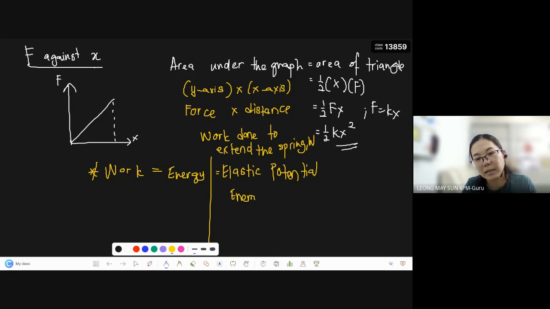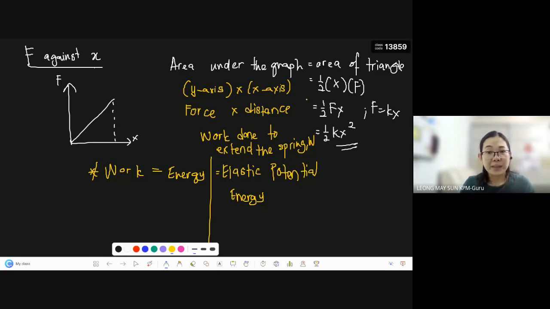If you recall from last year, we did mention that the SI unit for work is joules. The SI unit for energy is also joules. In order for you to do work, you need to have energy, so they are always interlinked. They can be interchangeable. Work is a change of energy.